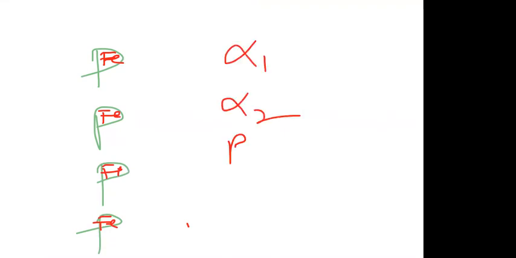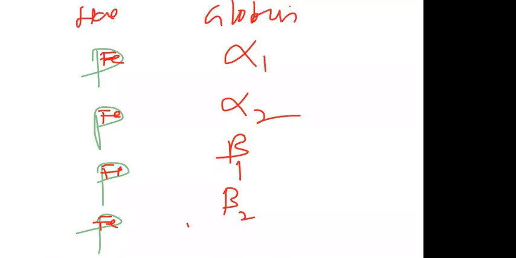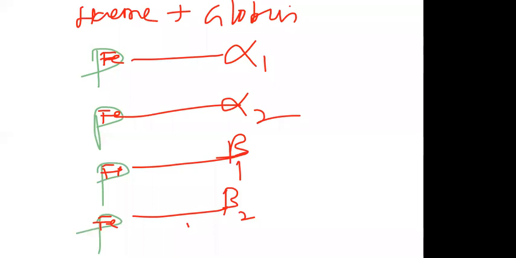The 4 porphyrin rings contain iron in the center, and 4 polypeptide chains are present in the globin. This is globin and this is heme. One hemoglobin molecule contains 4 porphyrin rings which bind with 4 polypeptide chains.